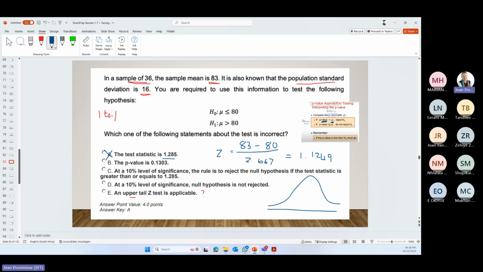Okay, so let's draw it. It's positive 1.12, and let's round it off to 3 decimals, so 1.125. Okay, so let's see.